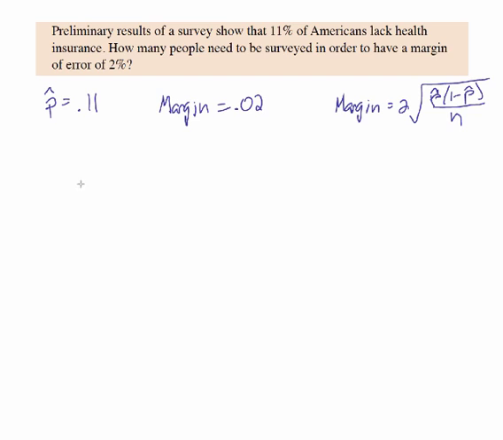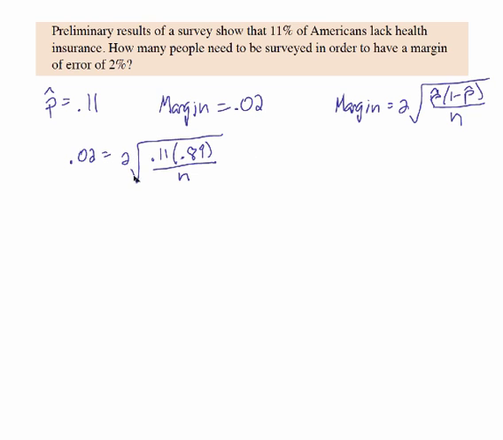Now what we know here is we know the margin of error we're shooting for is 0.02. We know that p hat is 0.11, which makes 1 minus p hat 0.89. We don't know n. Now our job is to solve this equation for n.